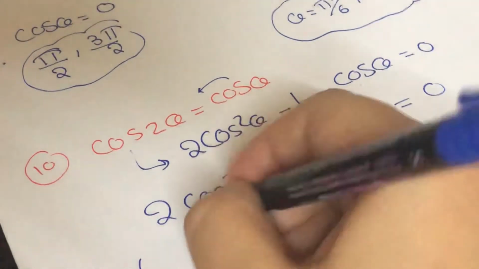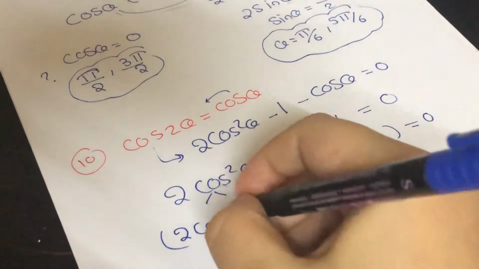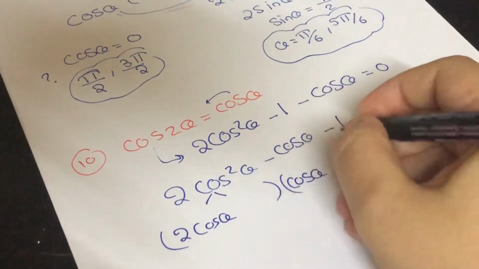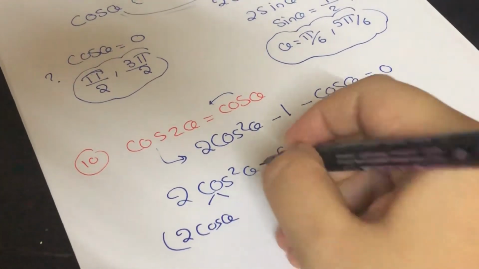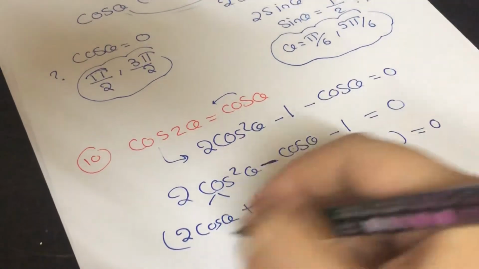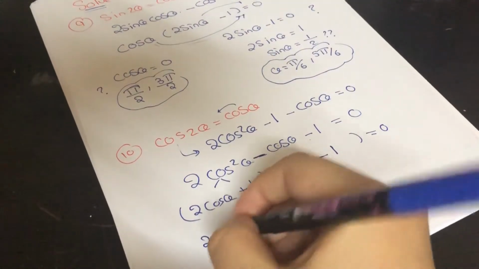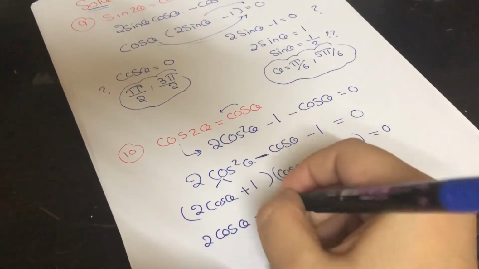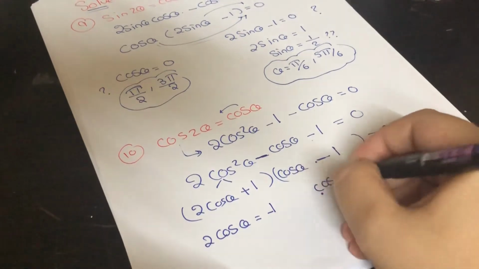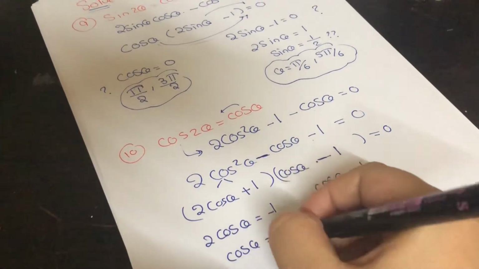One of them, I'll split this into 2 pieces, okay, 2 cosine theta and cosine theta. I need the bigger one to be minus, so I will put the minus 1 over here and the plus 1 over here. So I have 2 answers. 2 cosine theta equals negative 1, and for this one, cosine theta equals 1. So cosine theta equals negative half.